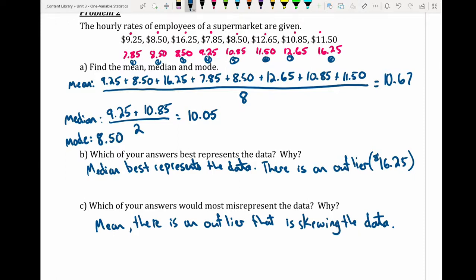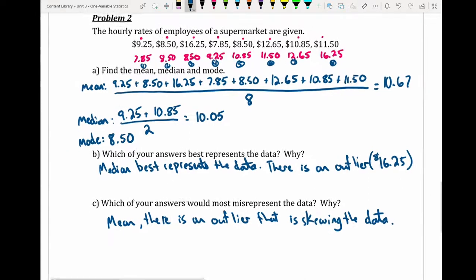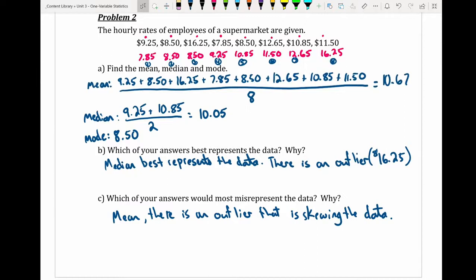So this would be something very similar if we took the hourly rates of everyone in the class, and I included my own hourly rate. That would skew the data and make the hourly rate very high, because I would get paid a lot more than students. So the mean wouldn't really represent the actual data in there. That's where the median would be the better representation. But again, the main thing from this is an understanding of mean, median, and mode, and how to calculate those to find the common trend.